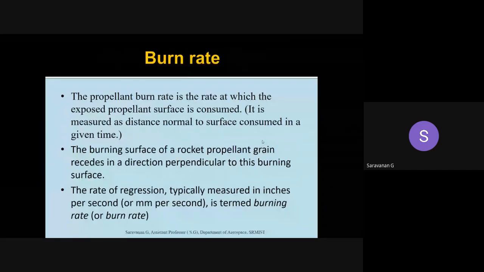Anyone? Don't know. So the third one is neutral burning.